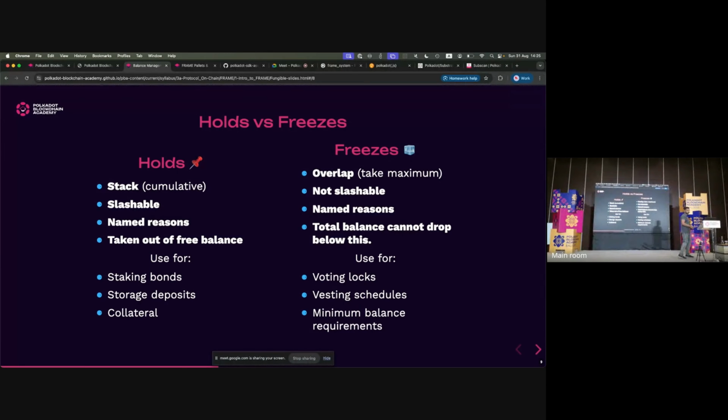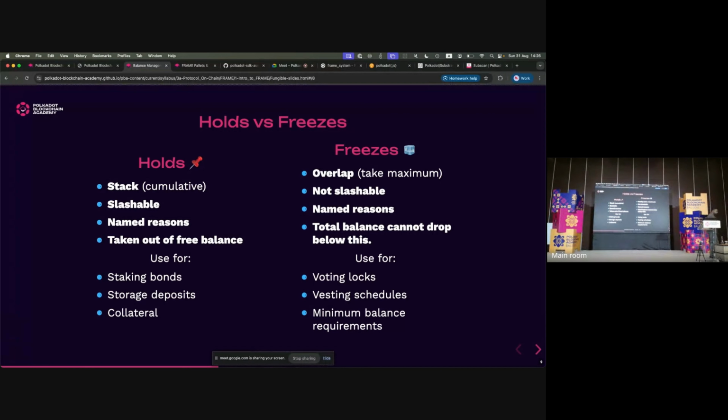My reasoning is, the reason why we did holds and freezes is so that you can stake. Let's say you stake 500 dot, right? You should be able to vote as well with those 500 dot. So we created a system where there are 2 types of locks that you can put on funds. You can either hold funds or freeze funds, and this can overlap.